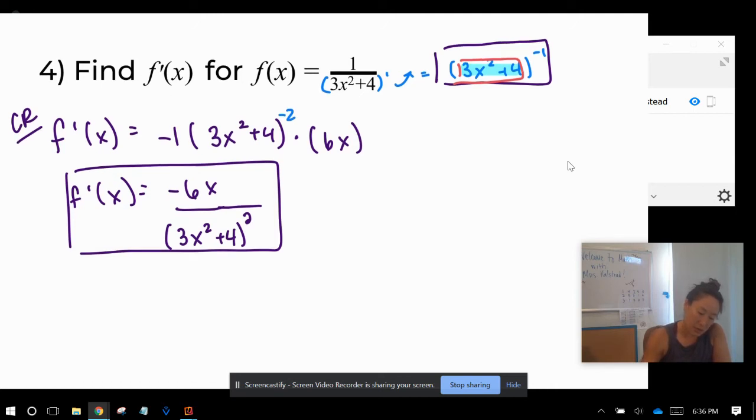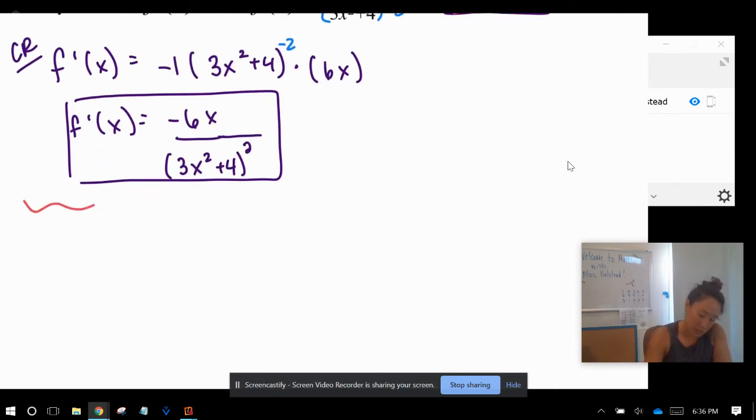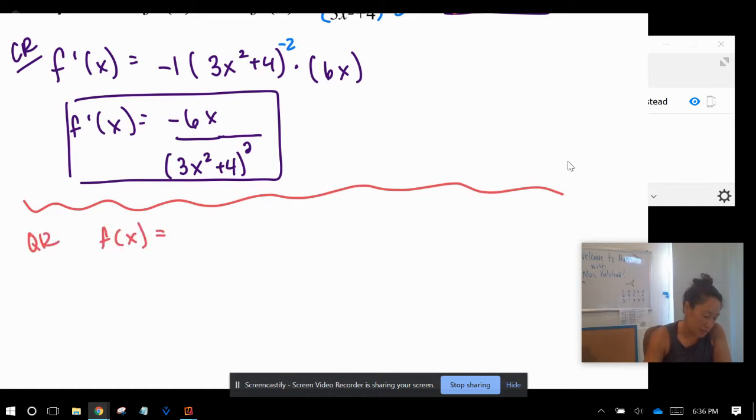And now we're going to solve the same problem a different way. f of x is equal to 1 over 3x squared plus 4. And we're going to use the quotient rule because we know how to do that. So low d high minus high d low over low squared.